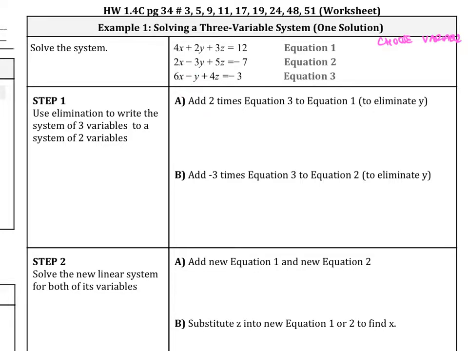Or you can always pick one where they have the same exact coefficient, okay? X's would be okay here, but we'll see that in our next example. So we're going to go ahead and choose y in this case. Let's choose the variable y. Some things to remember: when we choose that variable y, we must eliminate the same variable.